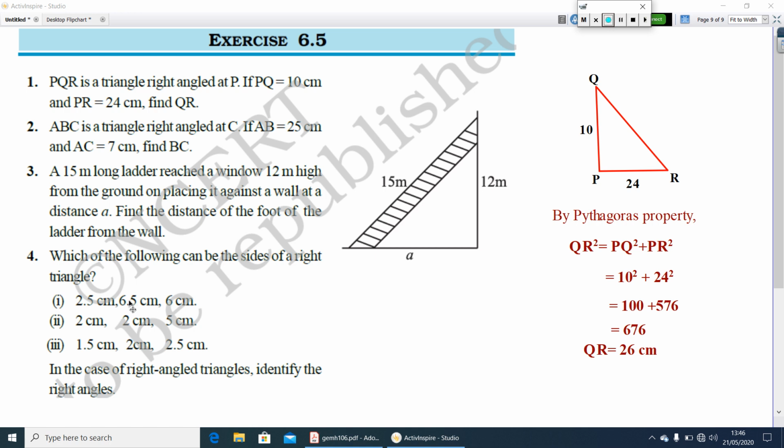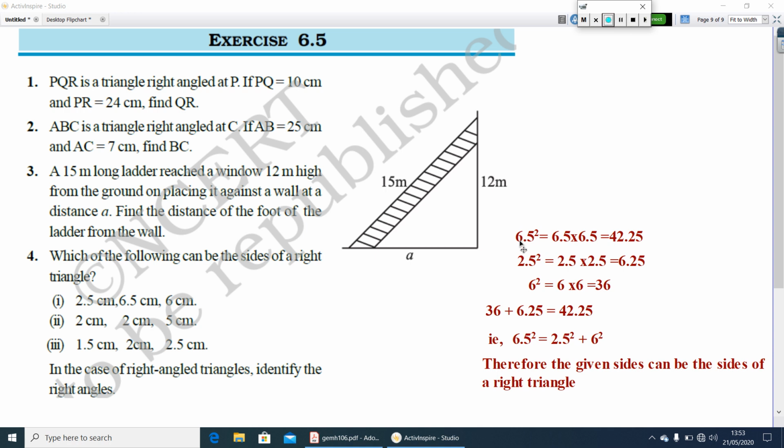So find out 6.5 square, 2.5 square, 6 square. Add 2.5 square and 6 square. If you are getting the answer as 6.5 square, it is the side of a right angled triangle. Otherwise, it is not the side of a right angled triangle.